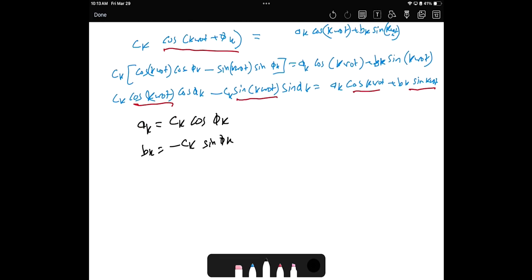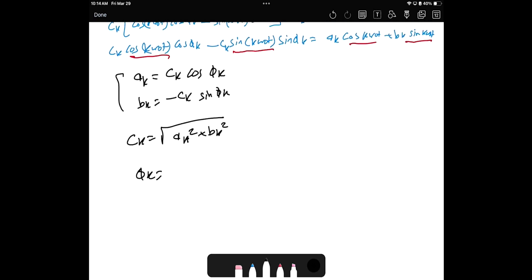Now, how about if we need to do the opposite? Here we converted the phasor amplitude form to the regular sine and cosine Fourier series. But if we know the sine and cosine coefficients and need to calculate the amplitude representation, c k is the square root of a k squared plus b k squared. How about phi k?